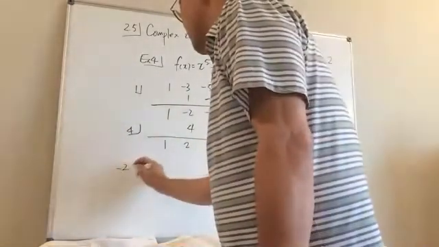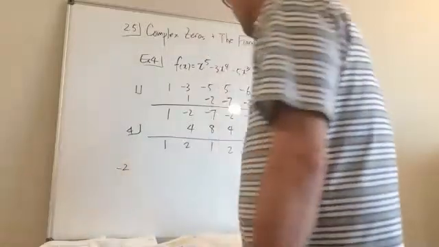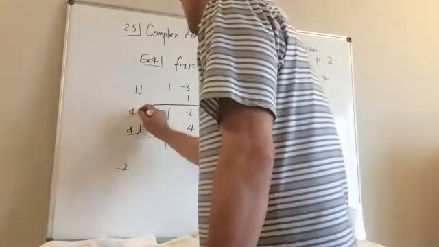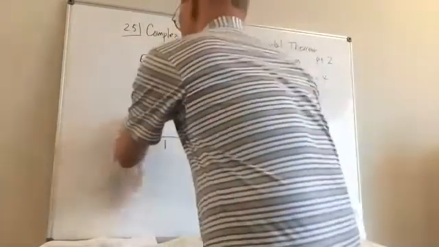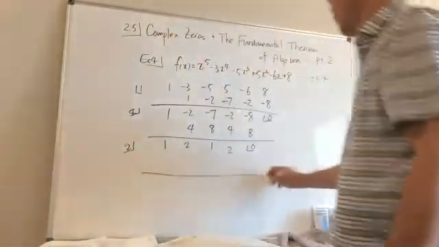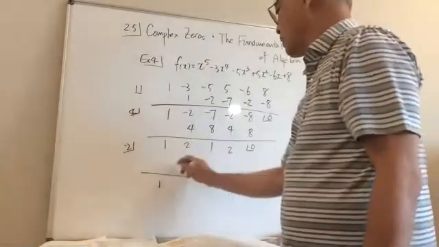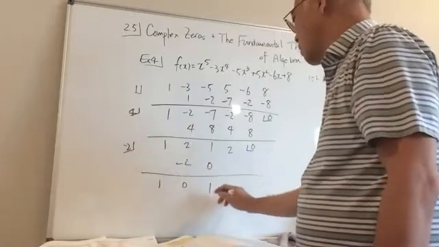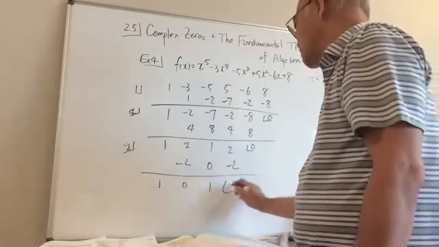So let's do -2 here. Actually, you guys are used to seeing it this way. So let's go ahead and do it this way. -2, 1, -2, 0, 0, 1, -2, 0.